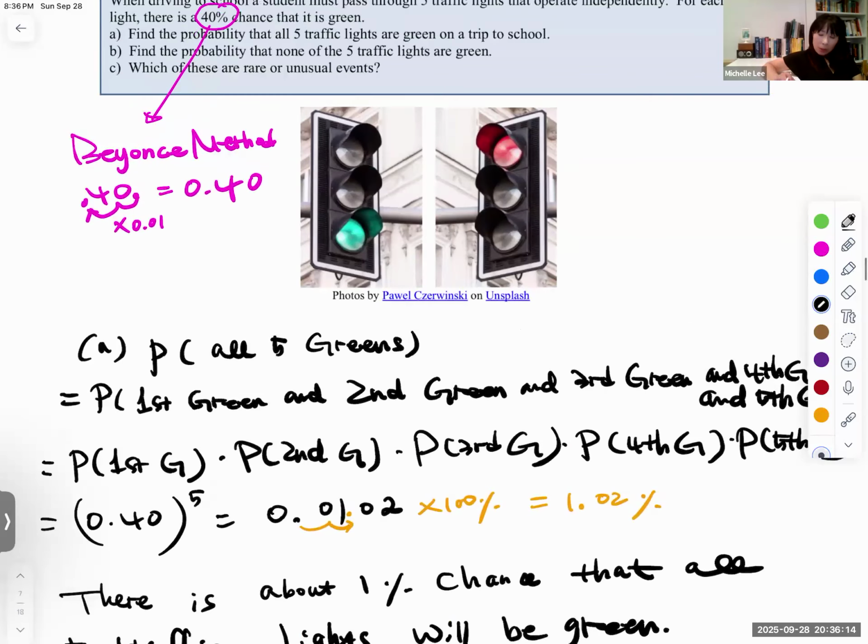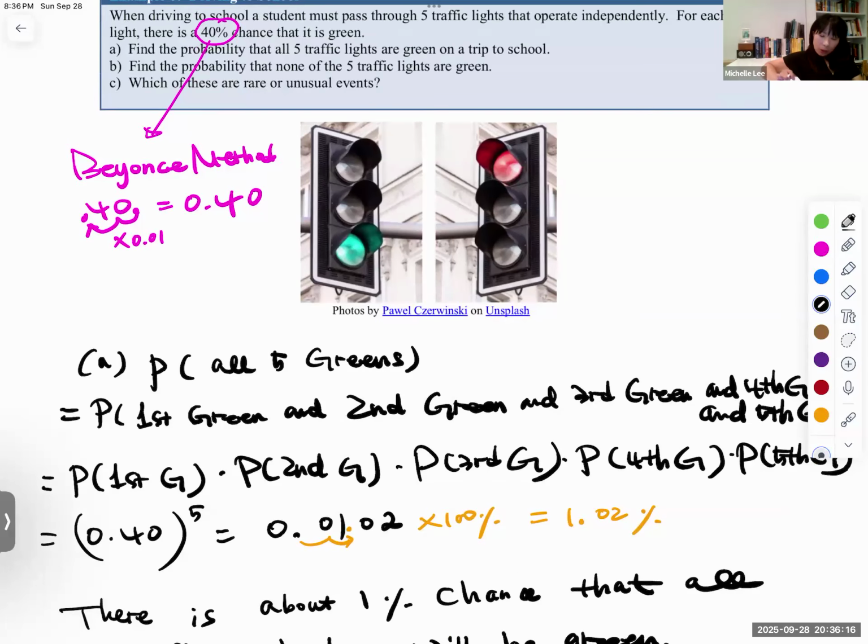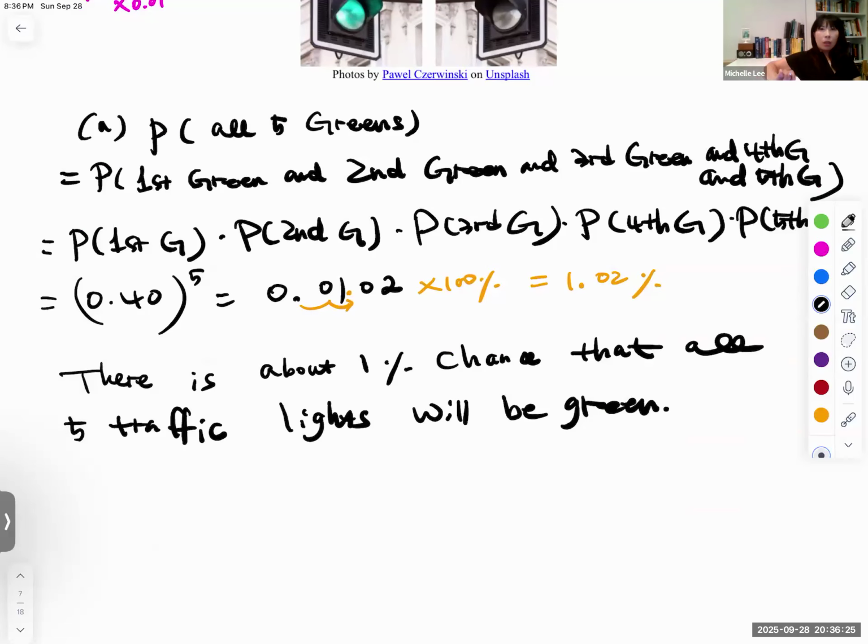Okay, so let's talk about the second part. Find the probability that none of the 5 traffic lights are green. Okay, so how do you do it? None of green. Out of how many? 5, right?